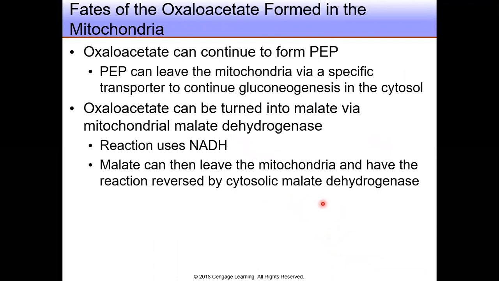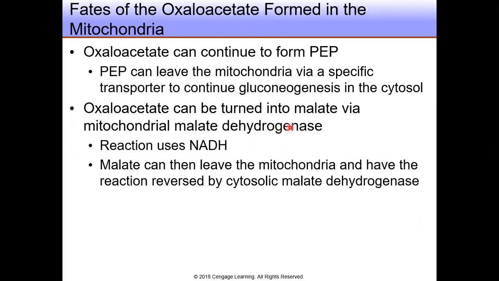The first fate is that it can continue to form PEP, which can then leave the mitochondria via a specific transporter to continue gluconeogenesis in the cytosol. This is one fate.